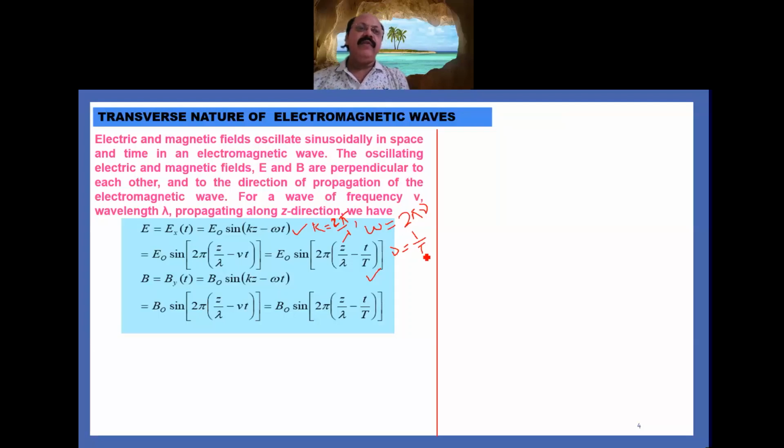Similarly, the magnetic field variation we can also find out mathematically. B equal to B(z,t) equal to B naught sine(kz minus omega t).